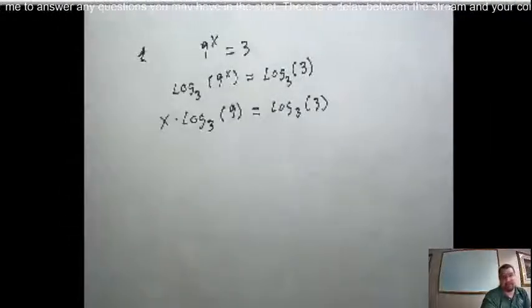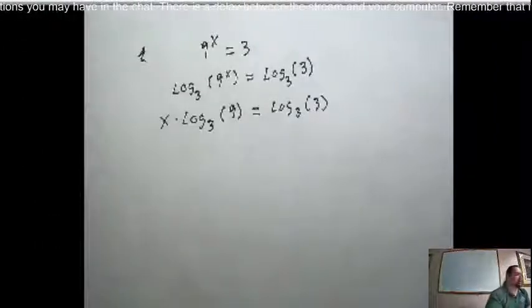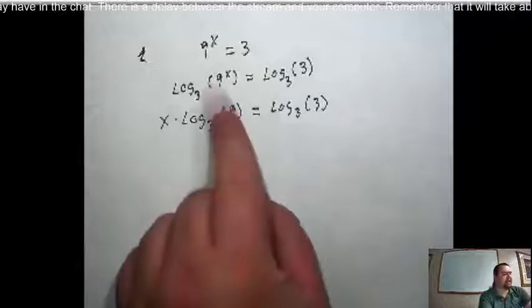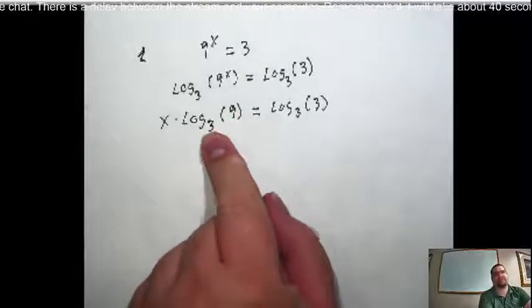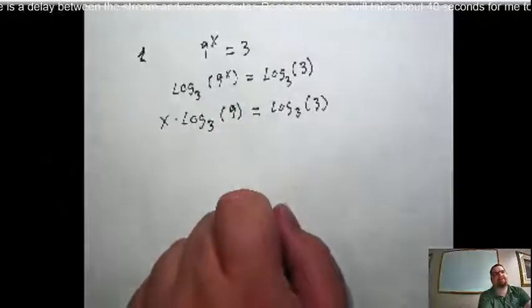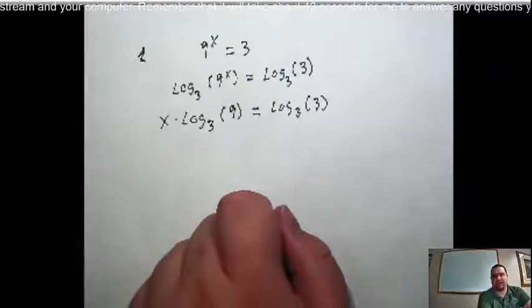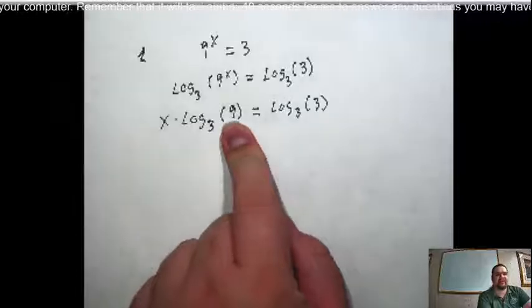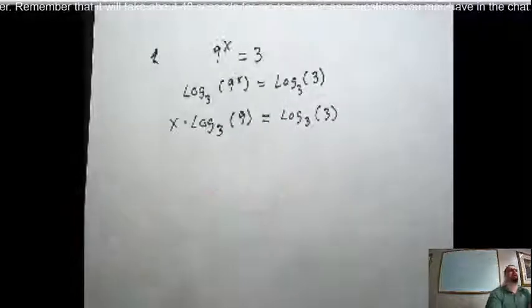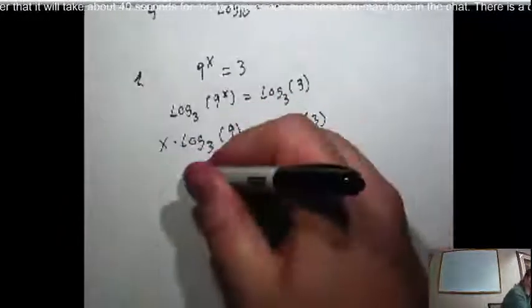Now the next step takes a little bit of practice. Again, what I said before is that 9 is 3 times 3. That's why I used base 3 here. Well, 3 times 3, that's 3 squared. So I can rewrite this as 3 squared. And that will do something else for me.